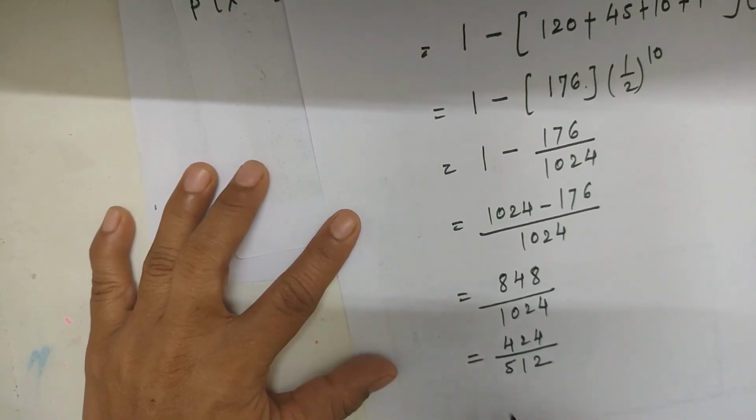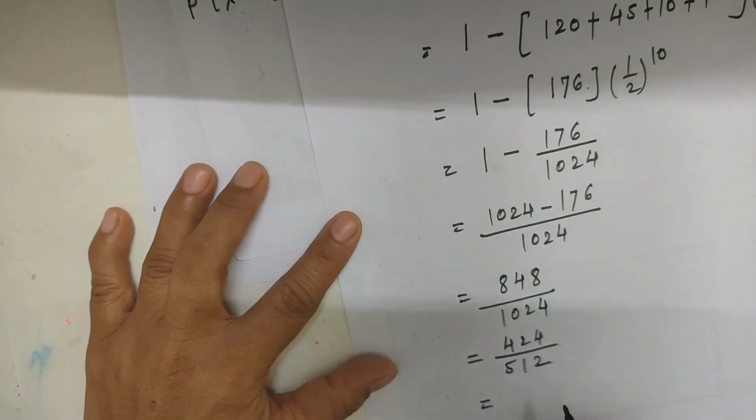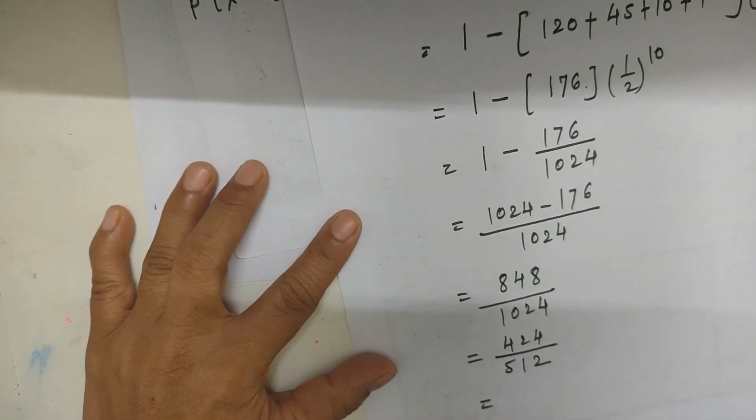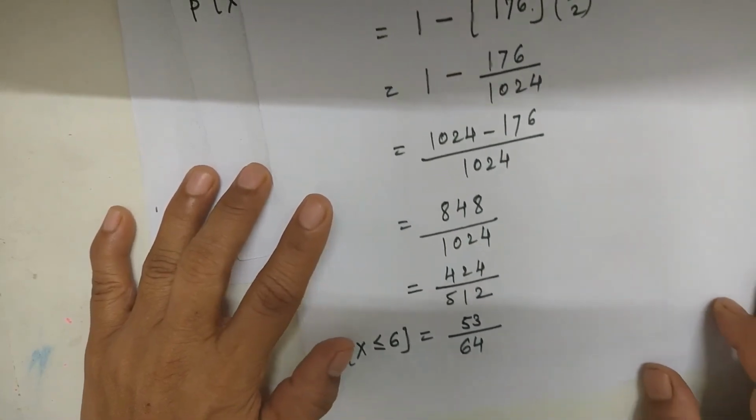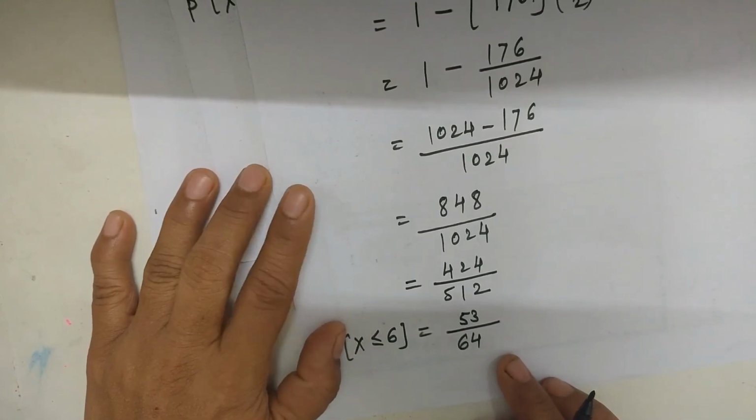Again dividing, the shortest form of these two terms is 53 upon 64. So the probability for x less than or equal to 6 is equal to 53 upon 64.